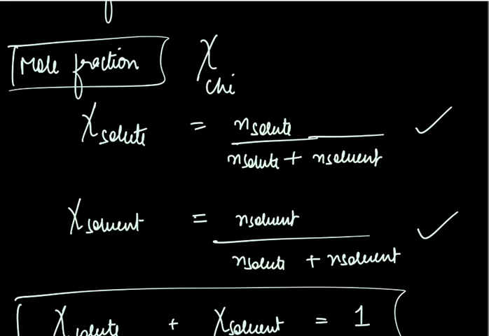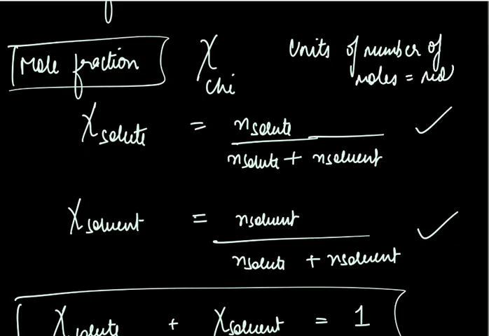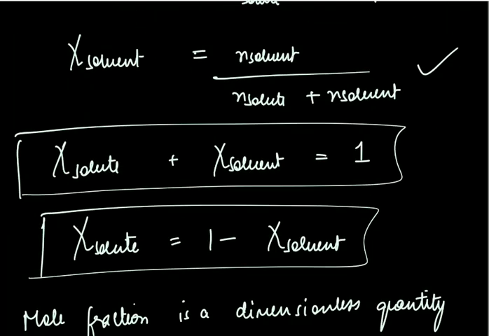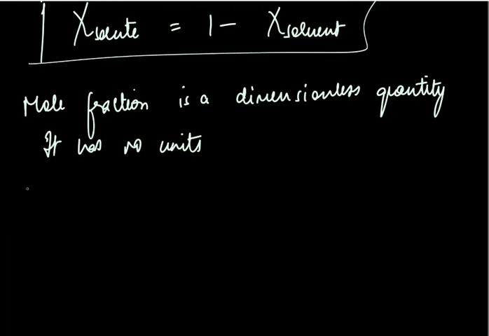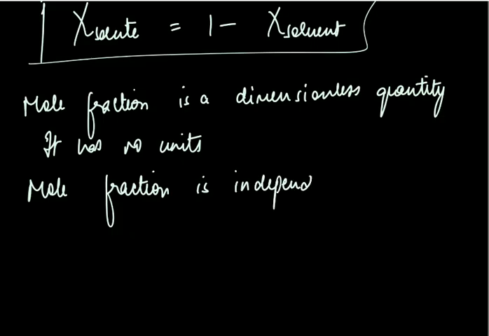If you remember from the previous videos, units of number of moles is equal to mol. If you have seen those videos, you'll be able to understand it better. Then we can even say mole fraction is independent of temperature, because we don't have any volume factor considered over here.